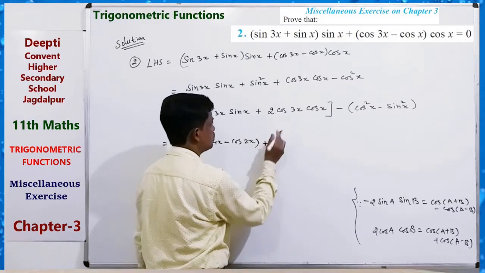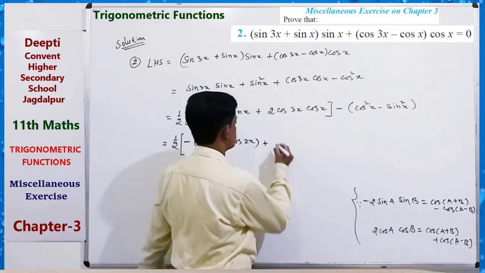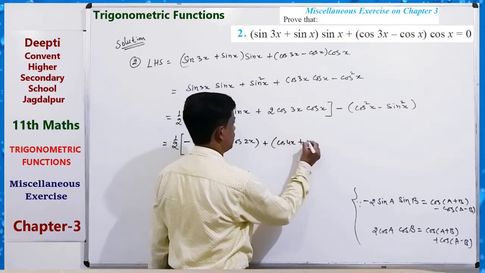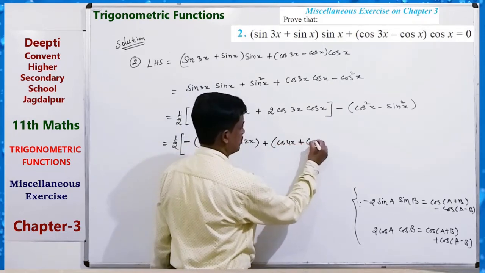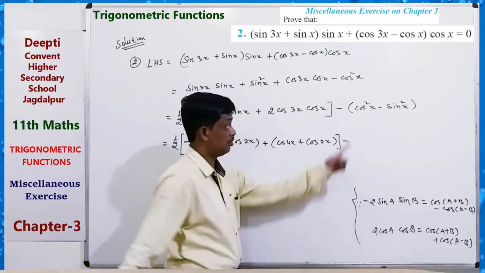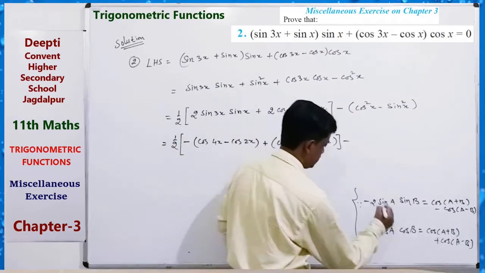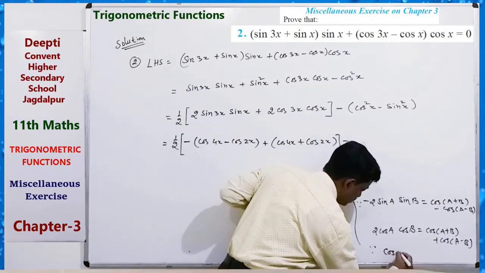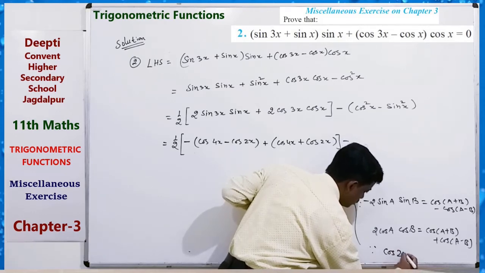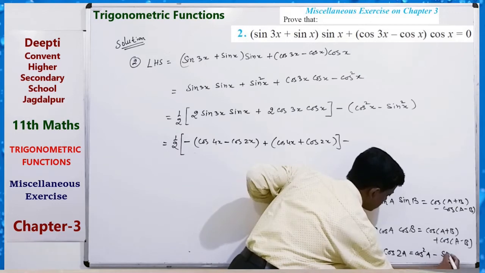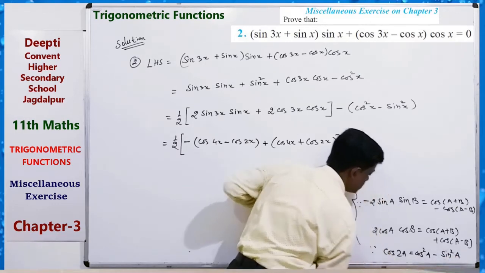Here plus 2 cos A cos B. So here cos 4x plus cos 2x. Now also we know that cos 2A equals cos square A minus sin square A. These are our formulas.